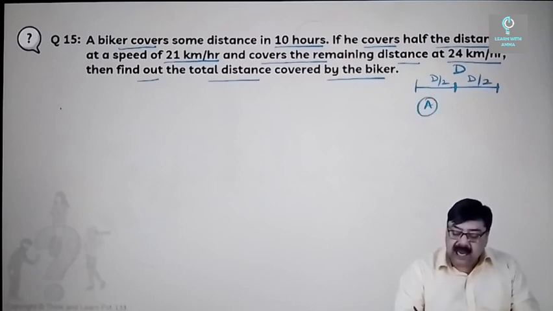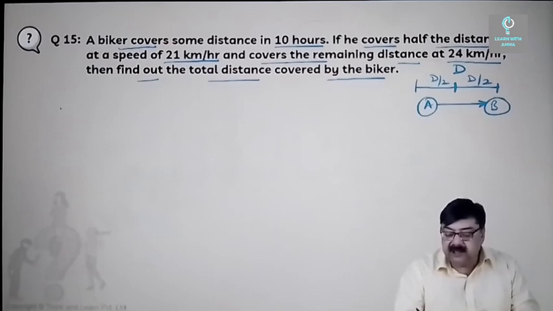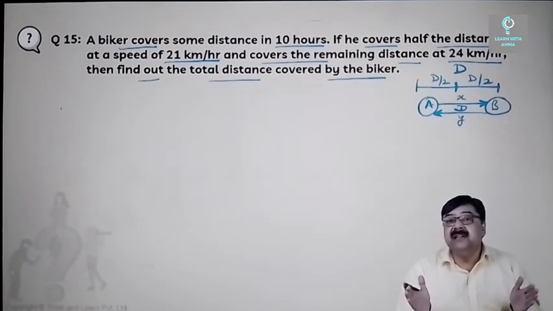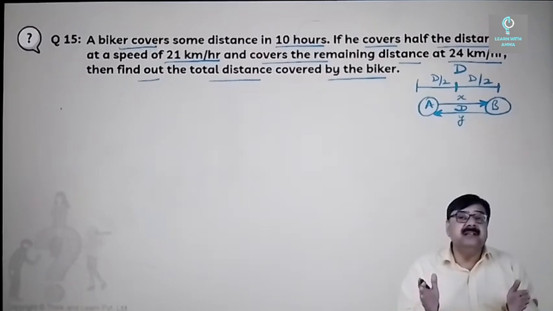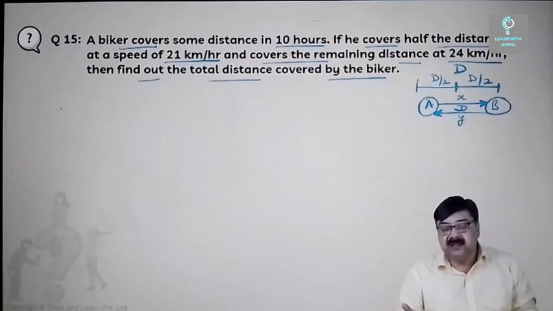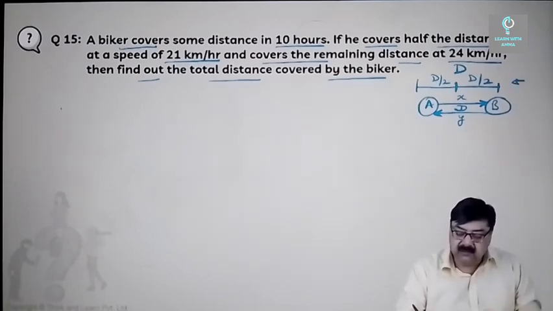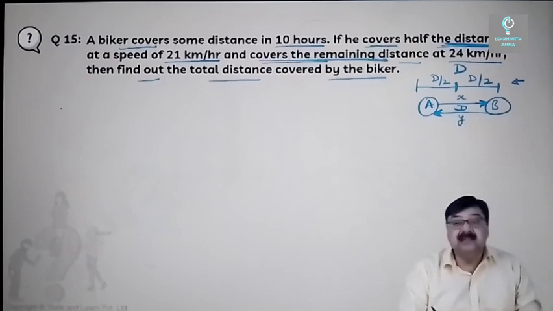When we talked about average speed in the previous case, we had a vehicle traveling from A to B at speed x km per hour and from B to A at y km per hour. The distance remained the same between the two cities, Delhi and Agra, Bangalore and Mangalore. The distance did not change. So the distance was equal. Now here in this case also, he covers half the distance and the remaining distance. So two halves are always the same.